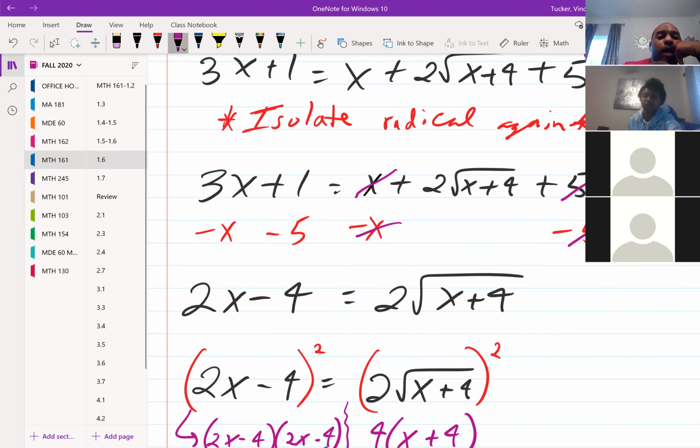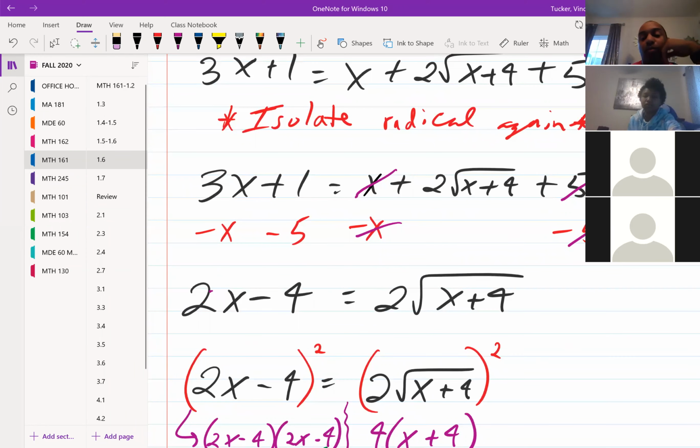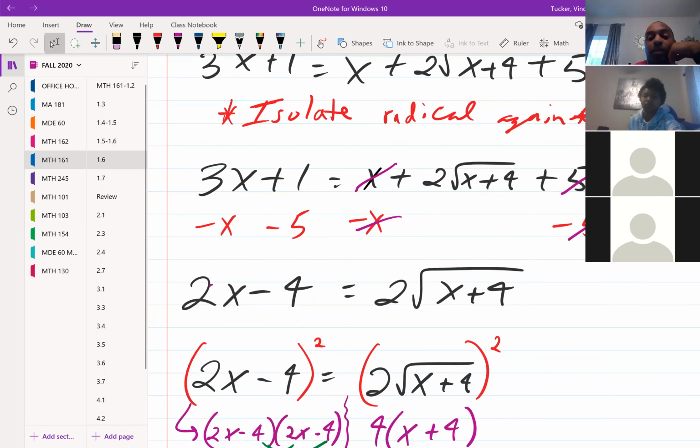I didn't mention this at this point, but because I have a 2 involved with each term, I could have divided by 2 to simplify our equation. But I want to emphasize a point that you more than likely will come across in the next step. If I divided by 2, I wouldn't see it. So for those of you who saw that, you always can do that, but I need to emphasize something here in the next step.